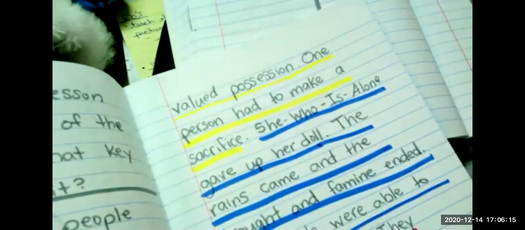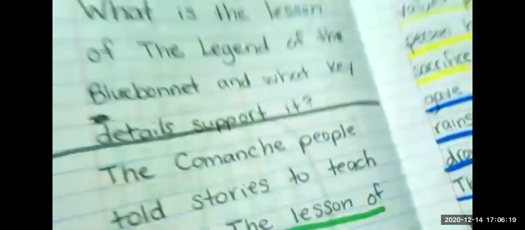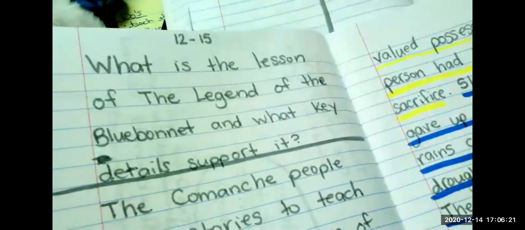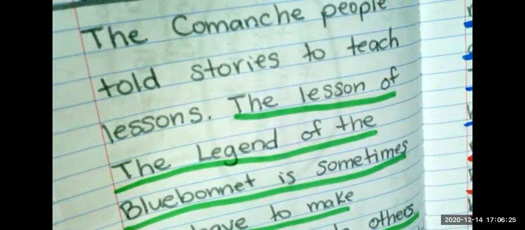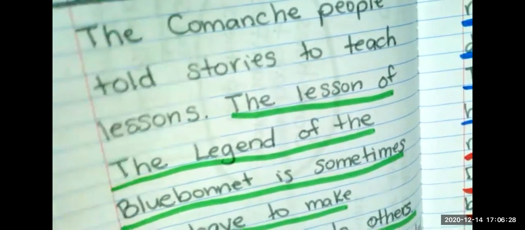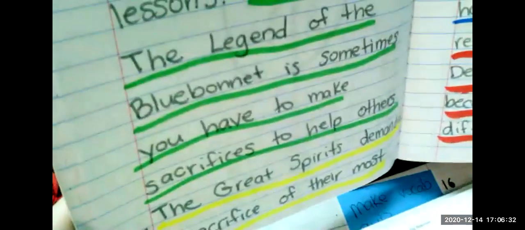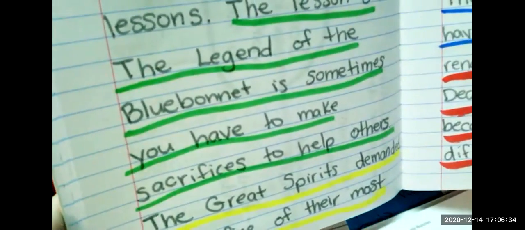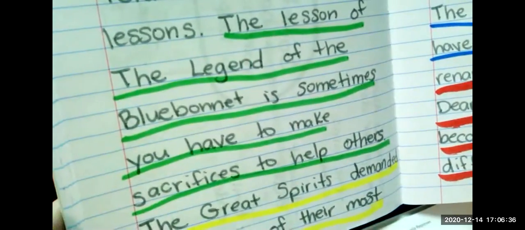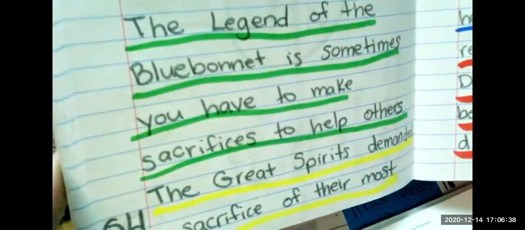Okay. So the question was, what is the lesson of the legend of the Bluebonnet and what key details support it? The Comanche people told stories to teach lessons. The lesson of the legend of the Bluebonnet is sometimes you have to make sacrifices to help others. The great spirits demanded a sacrifice of their most valued possession.